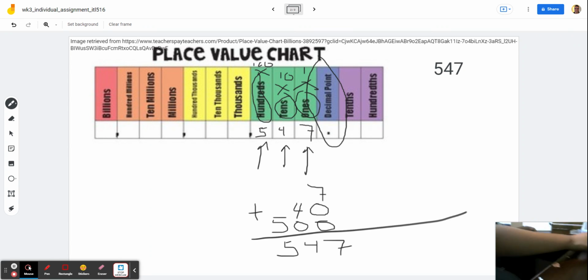So I put 500s under the hundreds room, and then I put 4 tens in the tens room, and 7 ones in the ones room.